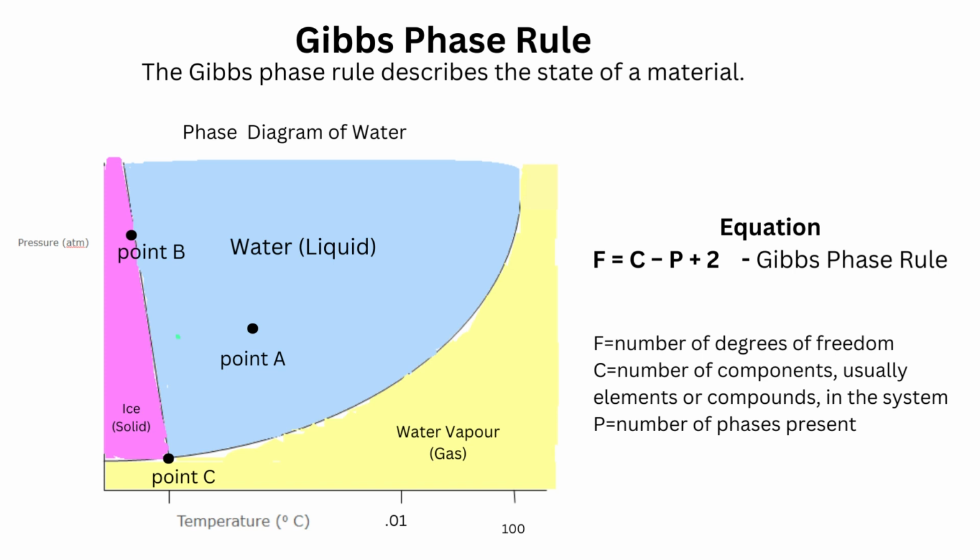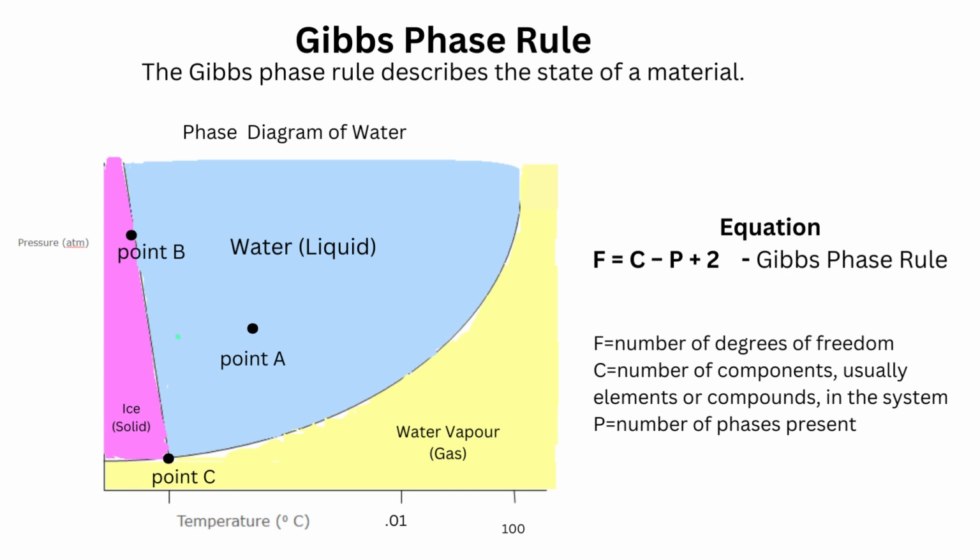Now, the phase diagram of water is shown. There are 3 points. Let us find the degree of freedom at point C, point A, and point B. So the equation is degree of freedom is equal to number of components minus number of phases plus 2.